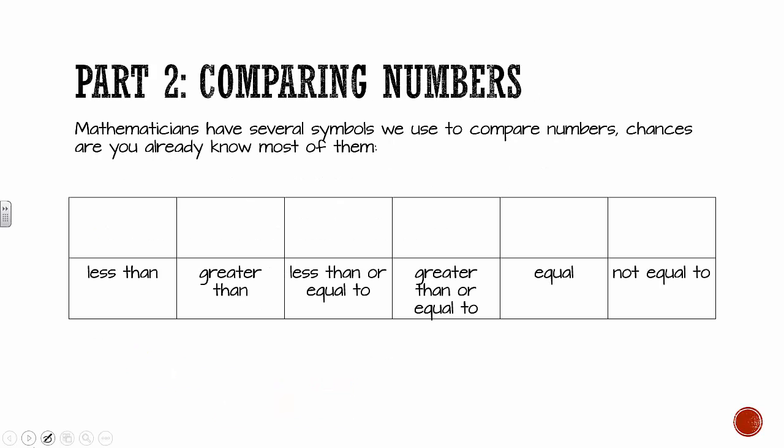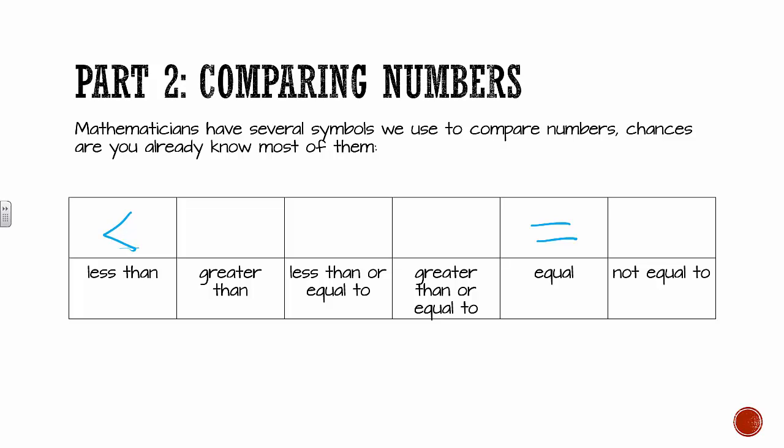So part 2, the other objective was that you can compare numbers. So mathematicians have several symbols that we use. Chances are you already know some of them. We've talked about equal signs in this class. But then the less than symbol, the greater than symbol, those are the alligators. So less than starts small as you read it left to right.